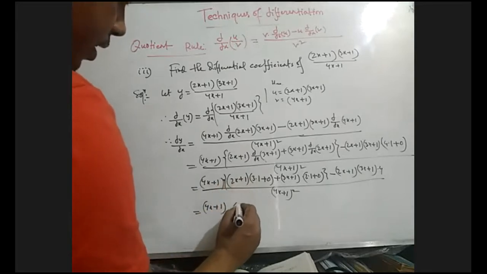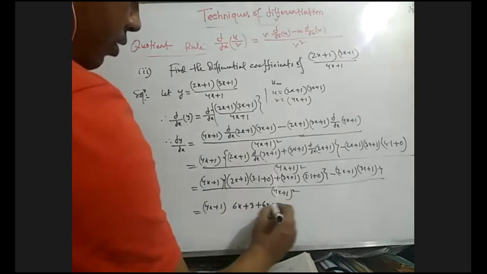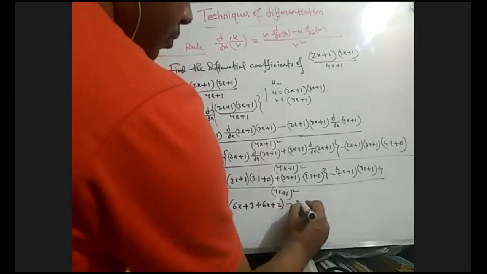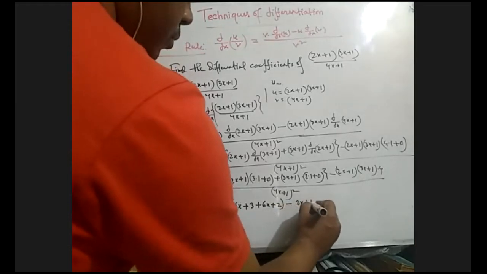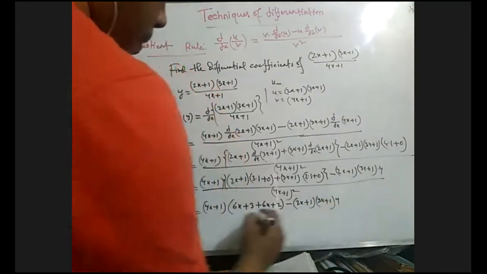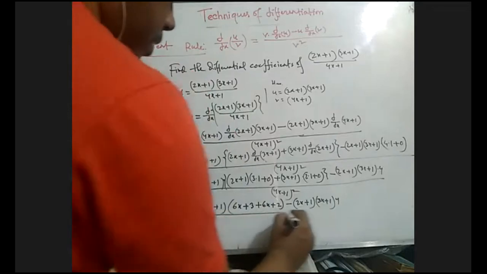Okay. Plus 3 plus 2 into 3, what? 6x plus 2, minus 4, divided by.